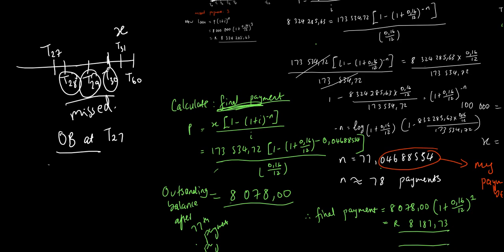So I hope that we understand how to deal with missed payments. But guys, it's not difficult at all. If you just follow what we said there, you're going to be fine.